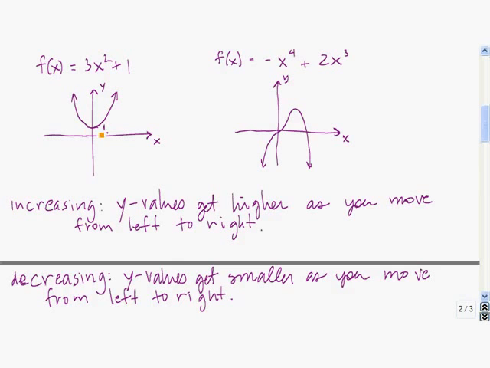So this function here, as we trace along the graph on this portion, we see that the y values are falling. So this function is decreasing on the interval from negative infinity to 0 because it stops decreasing once we get along the y-axis, and that's x equal to 0. And then the function grows from then on. So this function is increasing as we start at 0 all the way to infinity.